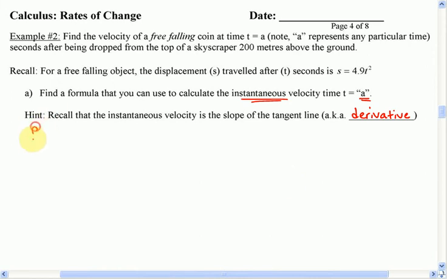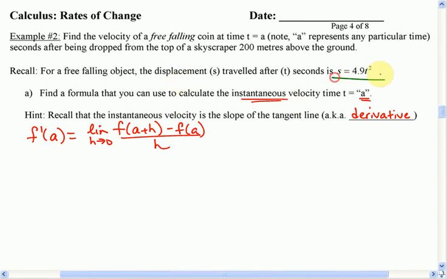Here's what I want you to find. I want you to find f prime of a, which is equal to the limit as h approaches 0 of that lovely formula, f of a plus h minus f of a all over h. Okay. Now, before we start plugging in things, what's the equation I'm going to use in this particular example? I'm asking you to find the instantaneous velocity, and I've given you the equation up here. It's this displacement equation.